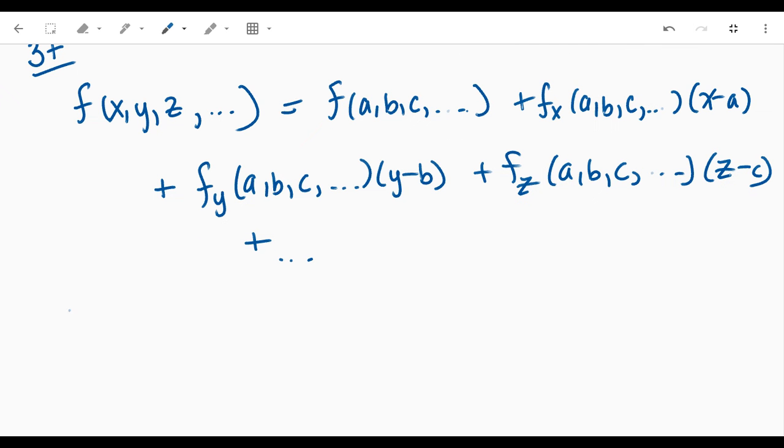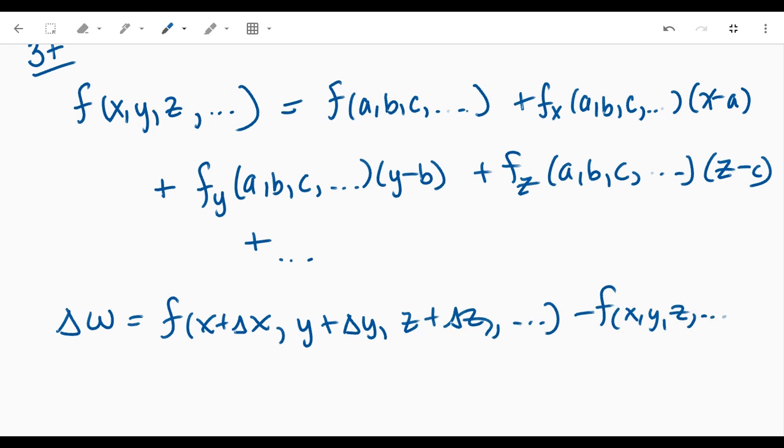So delta w, maybe, f of x plus delta x, y plus delta y, z plus delta z, whatever, minus f of x, y, z. Because that delta is always measured on the curve.